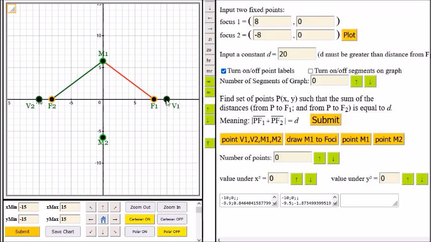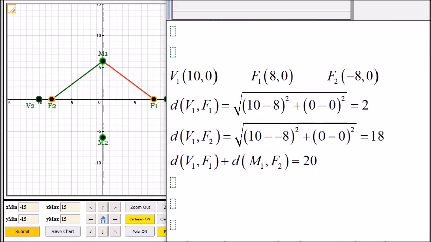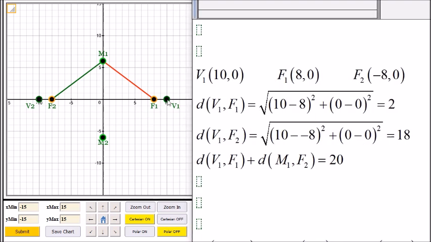Now look at this point V1, which is located at 10, 0. The distance from V1 to F1, the distance from here to here, is 2. The distance from V1 to F2 is 18. So 2 plus 18 is 20.